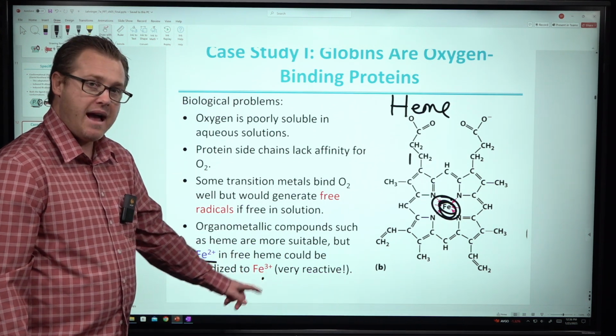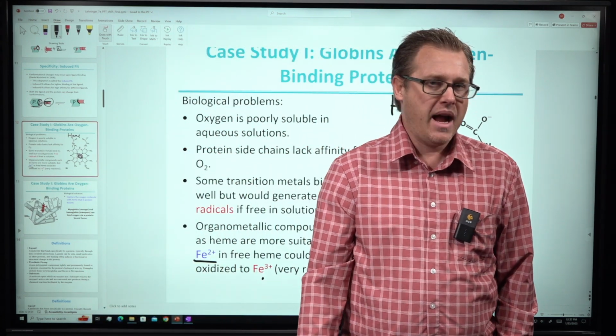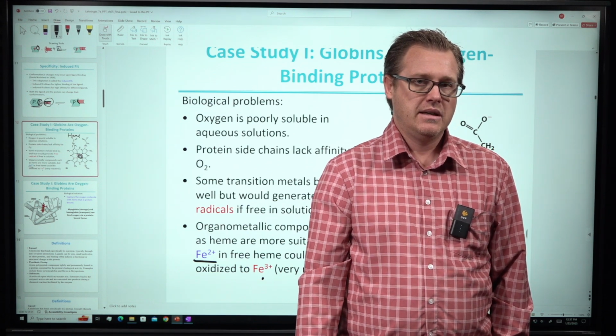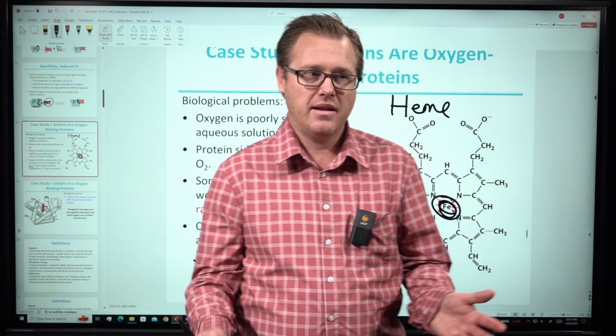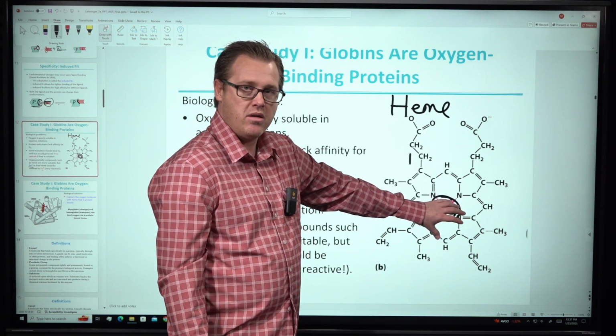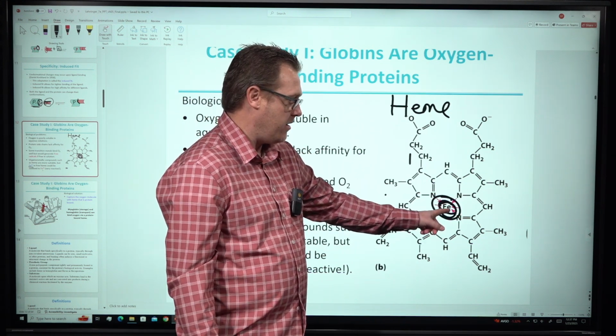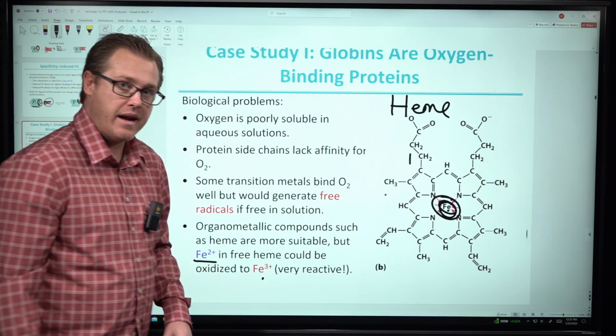And when you have iron in the ferric state, it does not bind oxygen. So now we basically came back to our problem: we can't get oxygen to stick to this heme molecule when iron is in its ferric state.